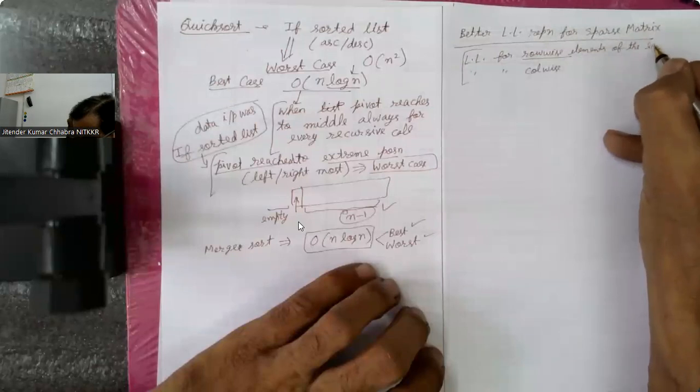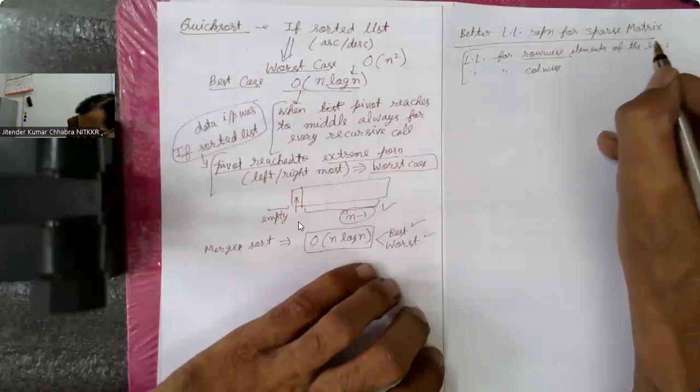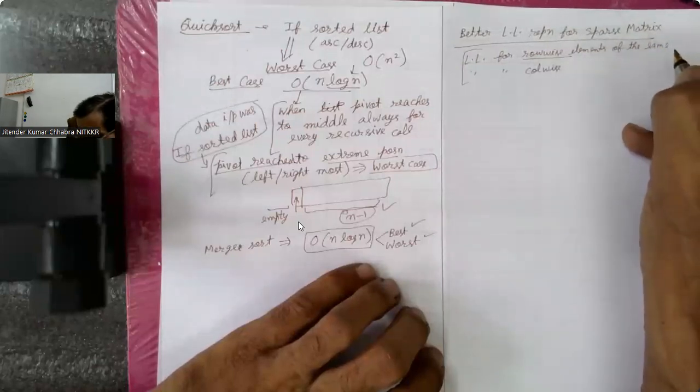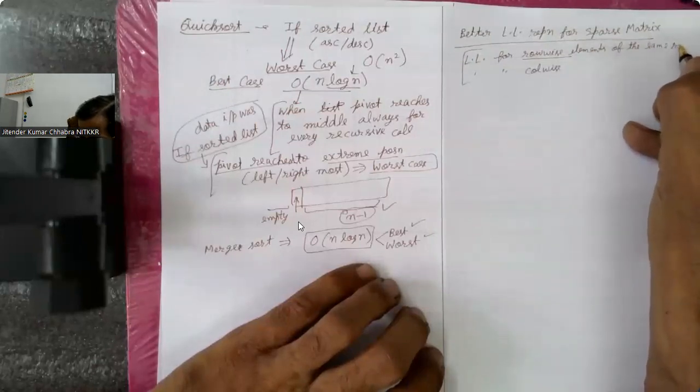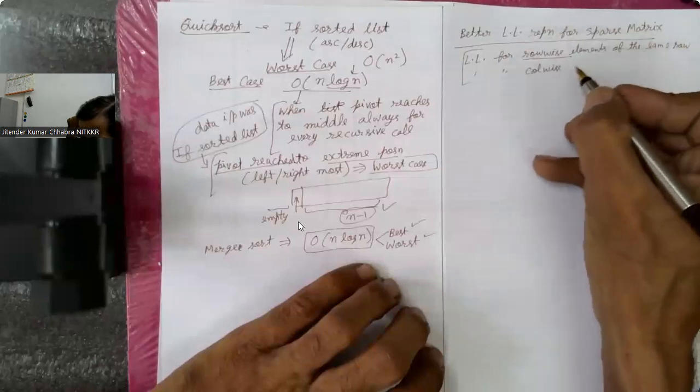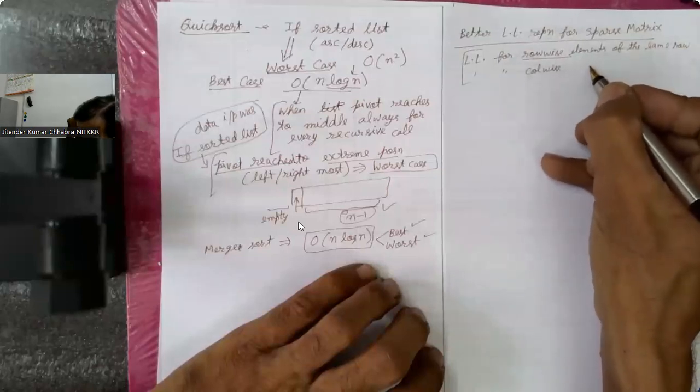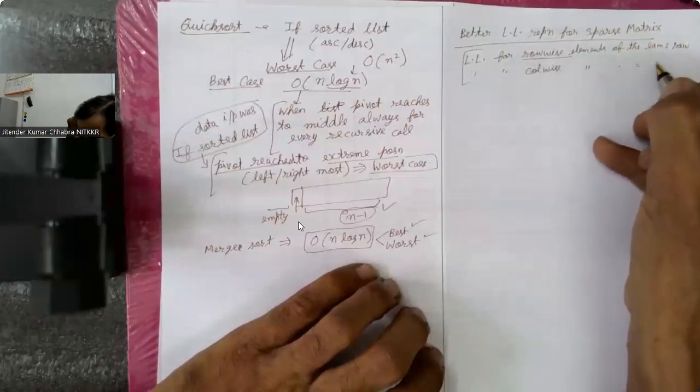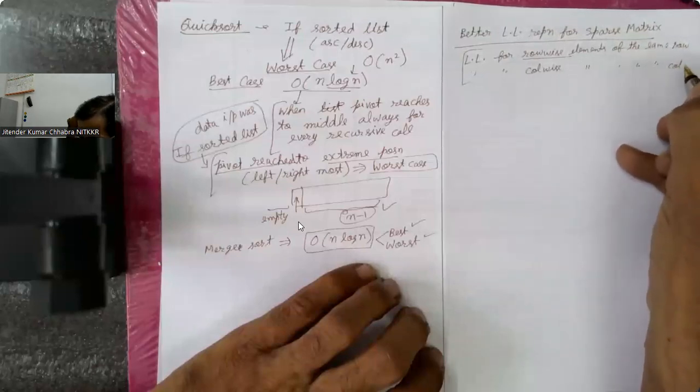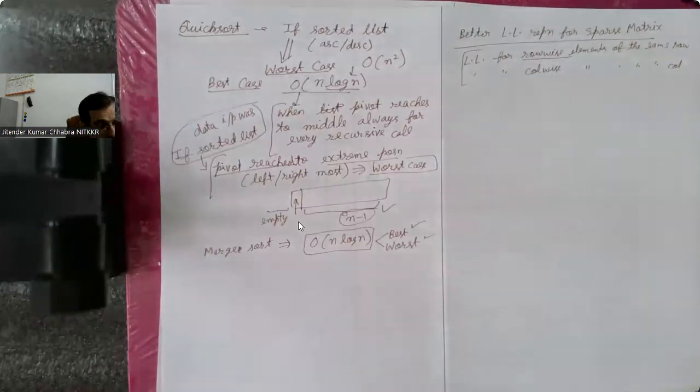Earlier I had just a linked list of all non-zero elements linked together without anything special. But now all elements of a row will be linked, and my column-wise elements of the same column will also be linked. And this is how my total algorithm will be implemented.